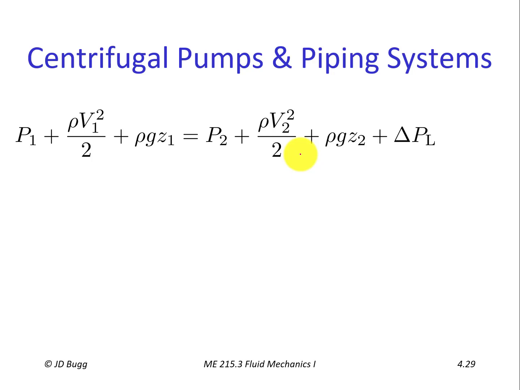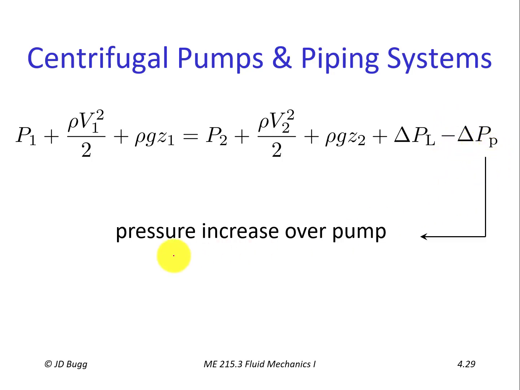So for systems where we have a pump, we have to add an additional term to this equation called delta P pump, and that's the pressure increase over the pump. Now notice that there's a negative sign here, so we're subtracting this off of the right-hand side of the equation. Well, that's the proper sign for an energy input to our system, because remember, this point 2 is a downstream location.